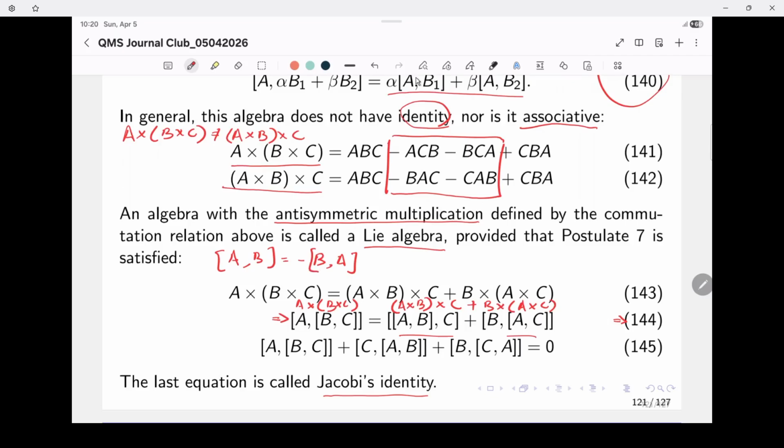So the commutator between A and B equals minus BA. So when you switch to the other side, there will be a minus sign. And for this term, you basically switch around C and A so that you maintain the plus sign across everything.